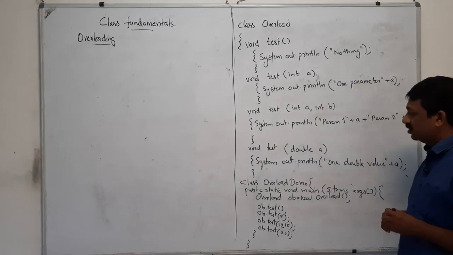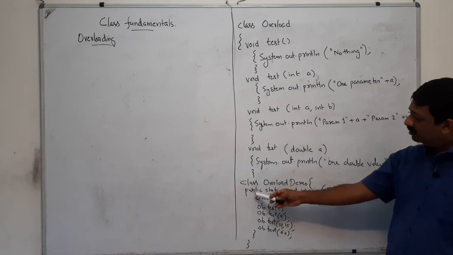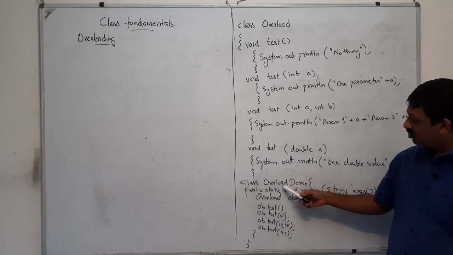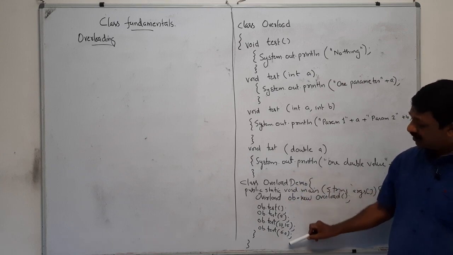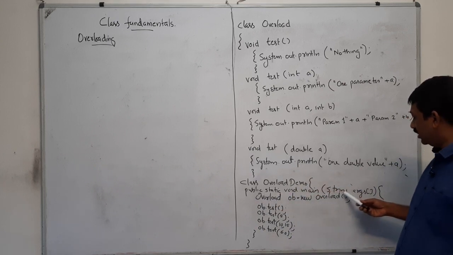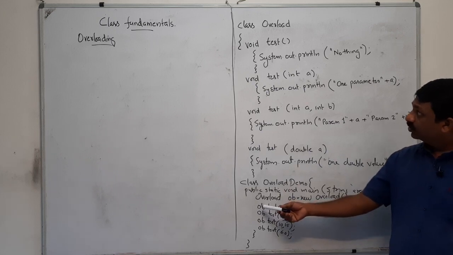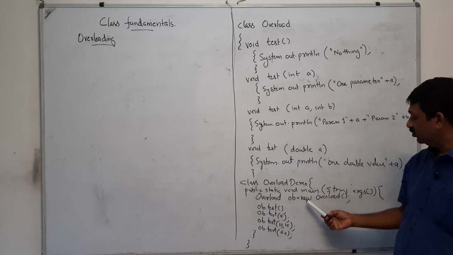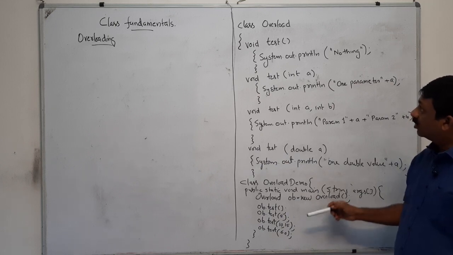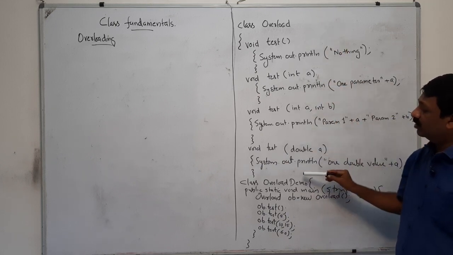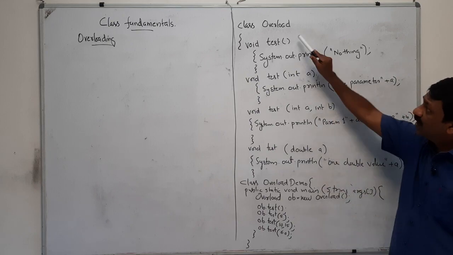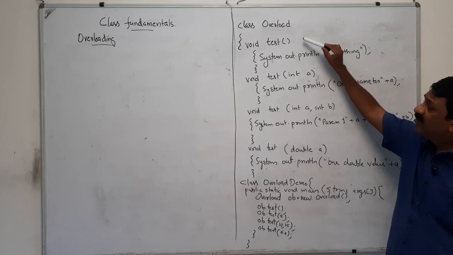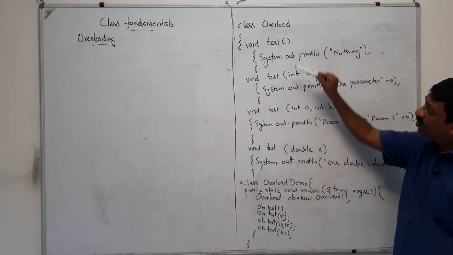Okay, now I'm going to execute this. The class OverloadDemo is the main class, with public static void main, and I'm going to create an object of Overload. An object is created, and we don't have any properties or variables in it, only four methods.